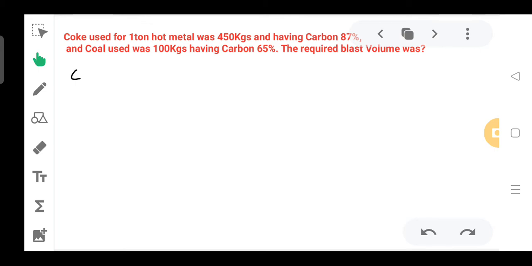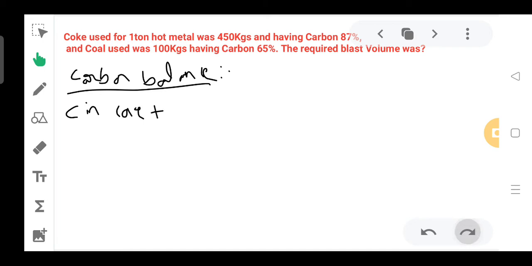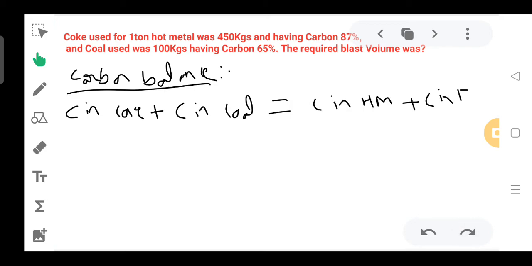If we need to balance the total carbon we need to burn, the carbon input is carbon in coke and carbon in coal, and the losses will be carbon in hot metal and carbon in flue dust. Flue dust means dust in the dust catcher and gas cleaning plant.